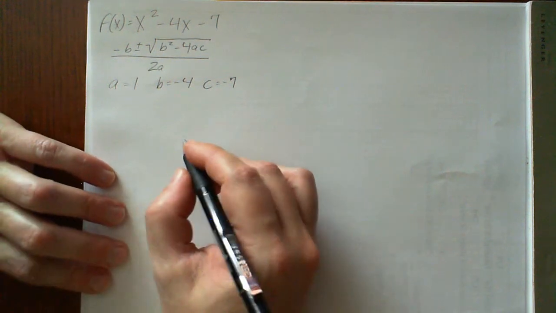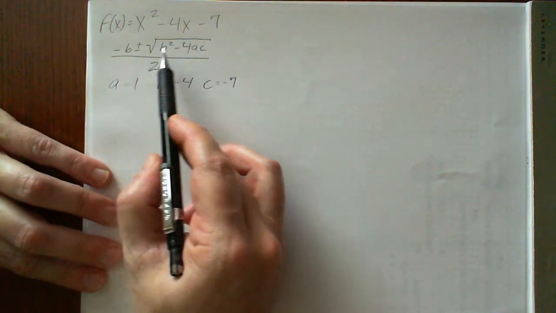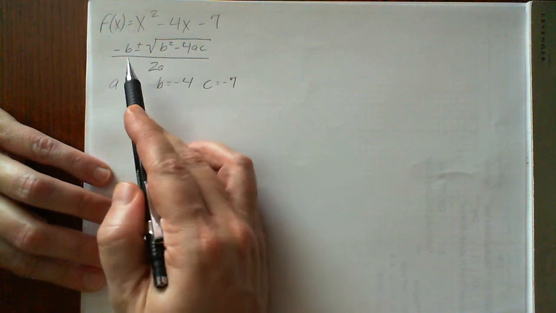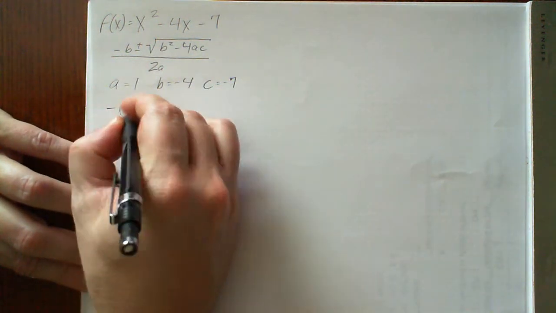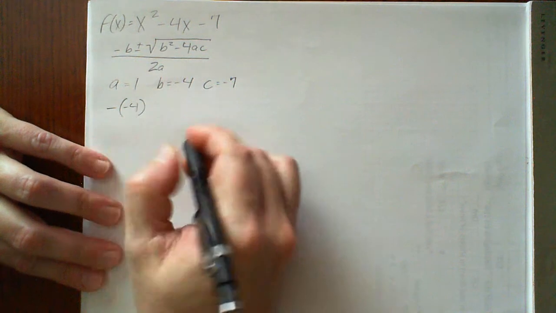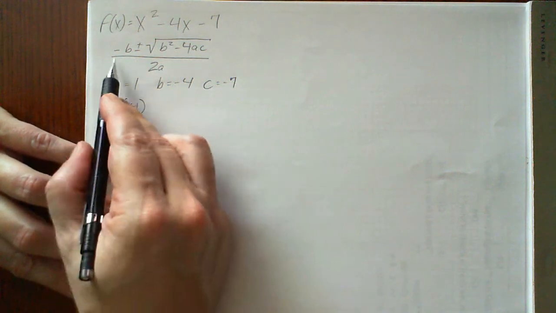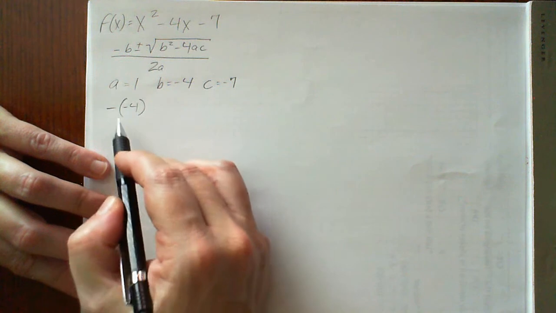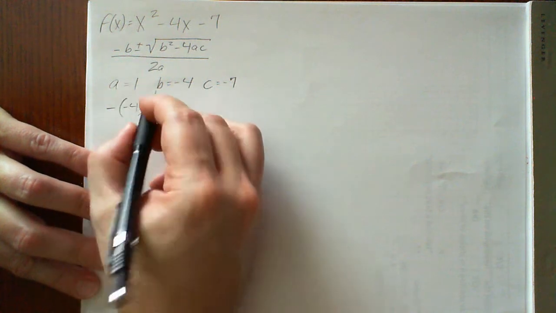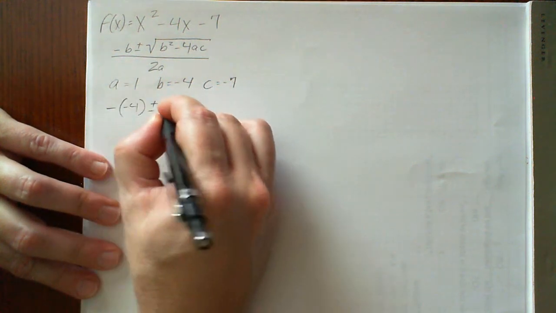From this point, we can go ahead and plug the a, b, and c into the formula, and then all we're doing is simplifying from that point. So always plug my values in parentheses. It's pretty important. You'll run into some issues with the sign here if you don't, because a -4 is going to turn into a +4 for us here in a moment.